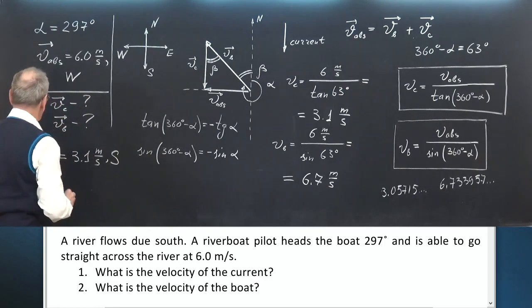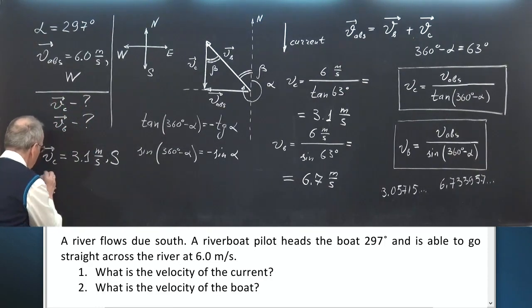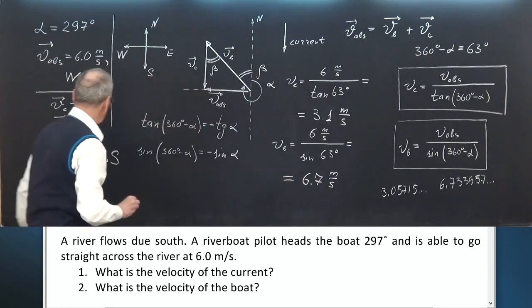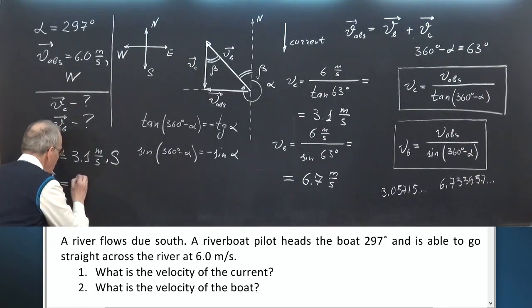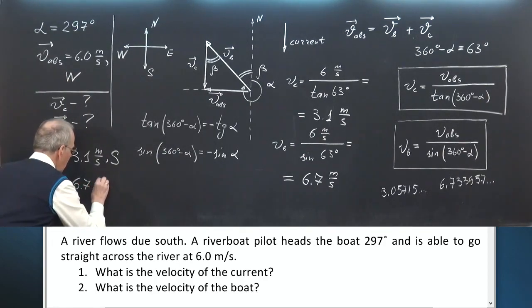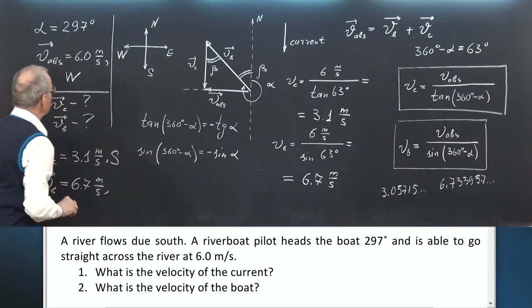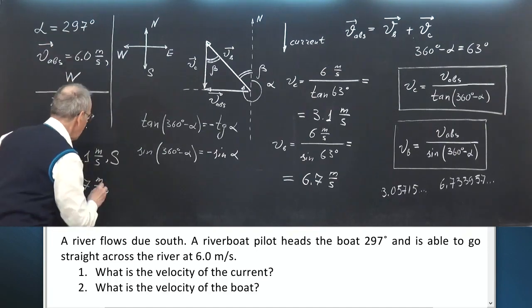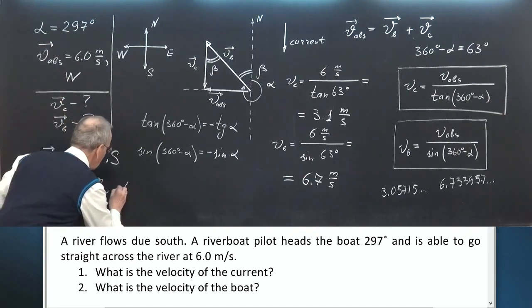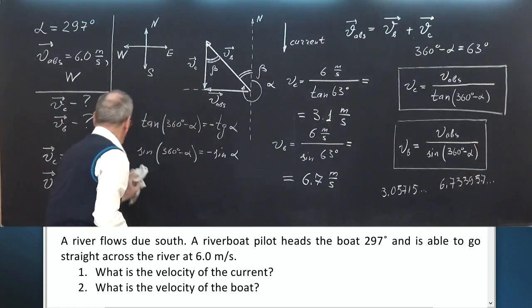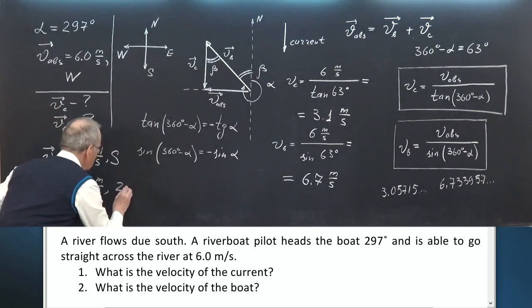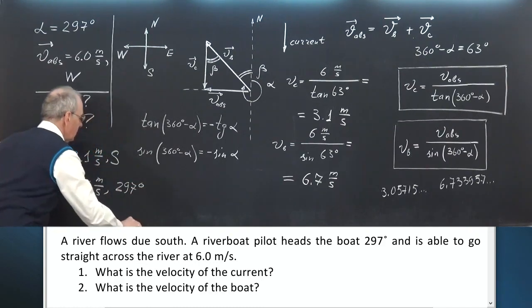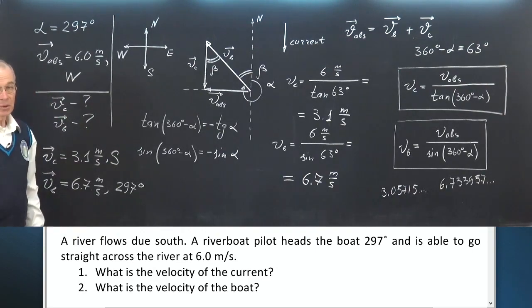V boat, vector velocity, 6.7 meters per second and direction is on bearing alpha, on azimuth alpha, 297 degrees. The problem is solved.